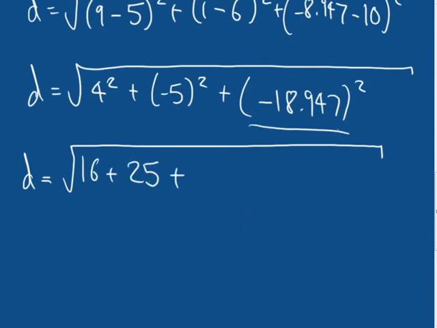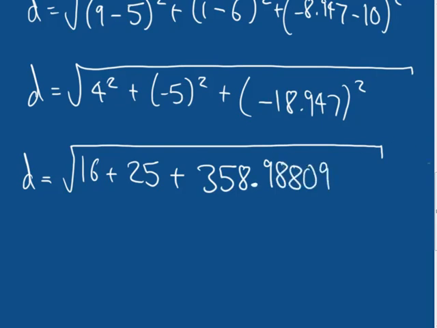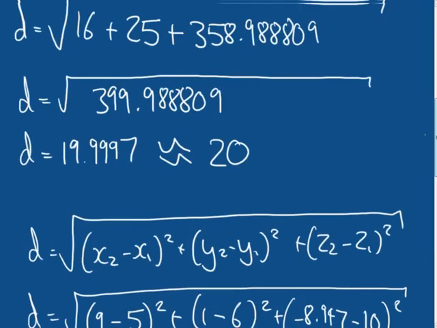if you evaluated the square of negative 18.947, you would get 358.98809. So remember, d is equal to the root of 16 plus 25 plus 358 point some stuff.